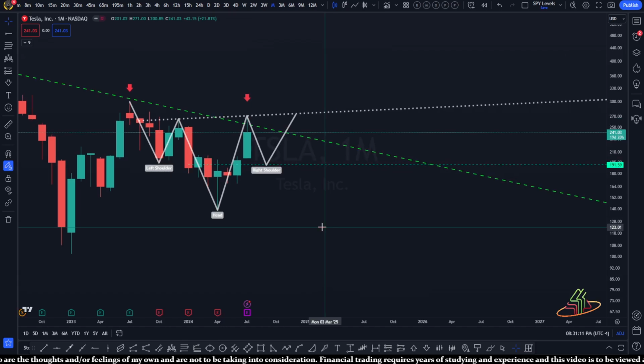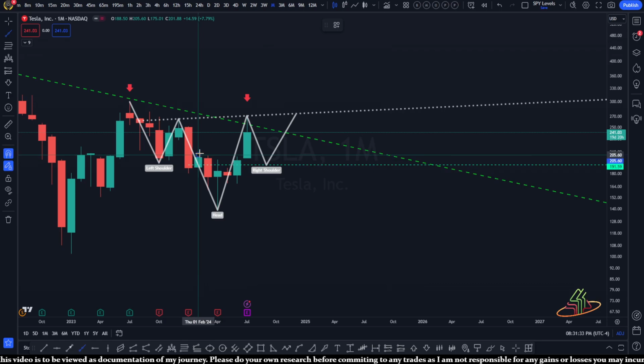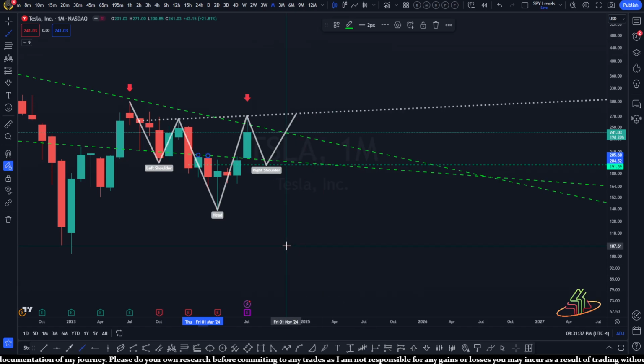Okay, so I did it from the monthly. So again, we take horizontal lines and we're never biased with these lines by drawing the line and then moving it to where we think it should go. We always use the magnet to draw these lines. So I'll take this horizontal ray, put it here, and I'll put it here, right?